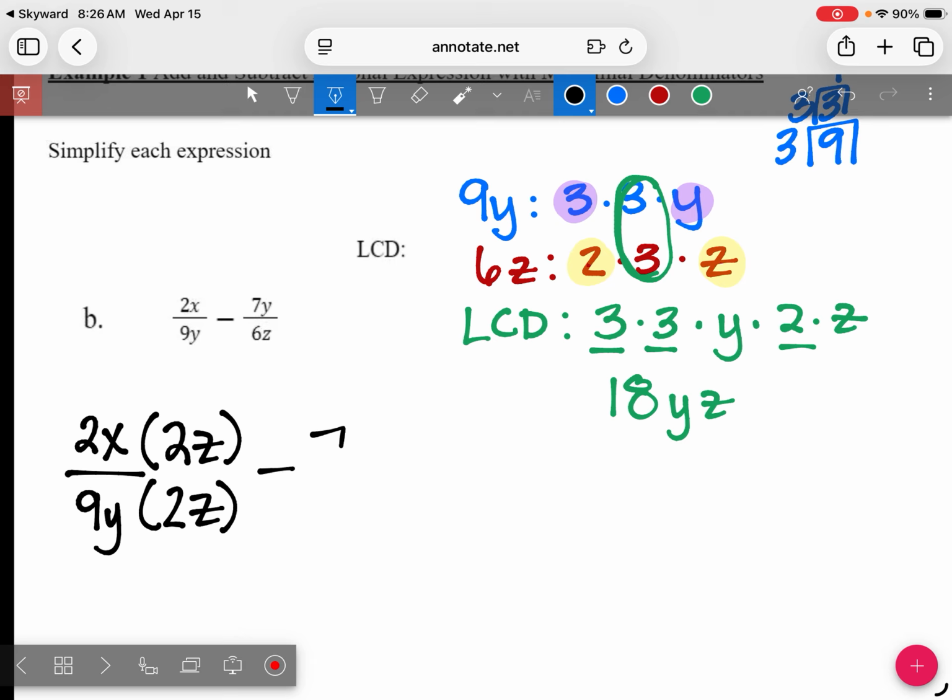Bring down your subtraction sign. So here in my 6z, because my 6z is 2 times 3 times z, I'm missing a 3 and a y.